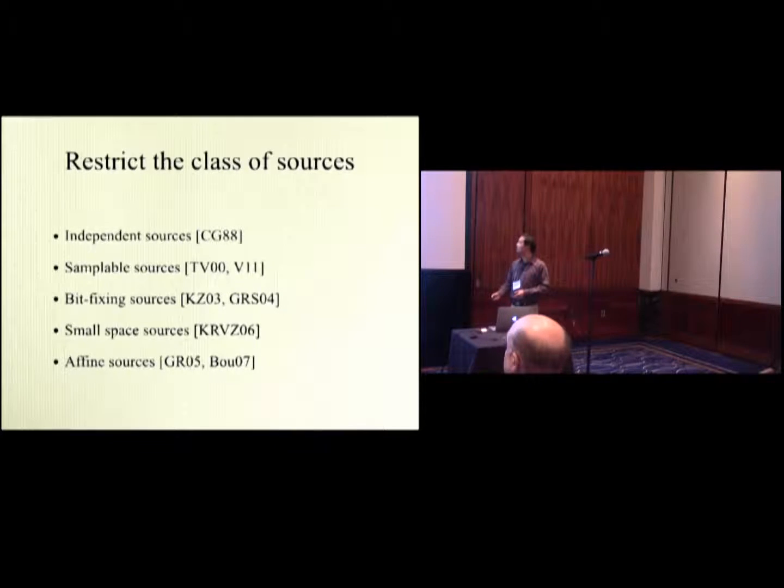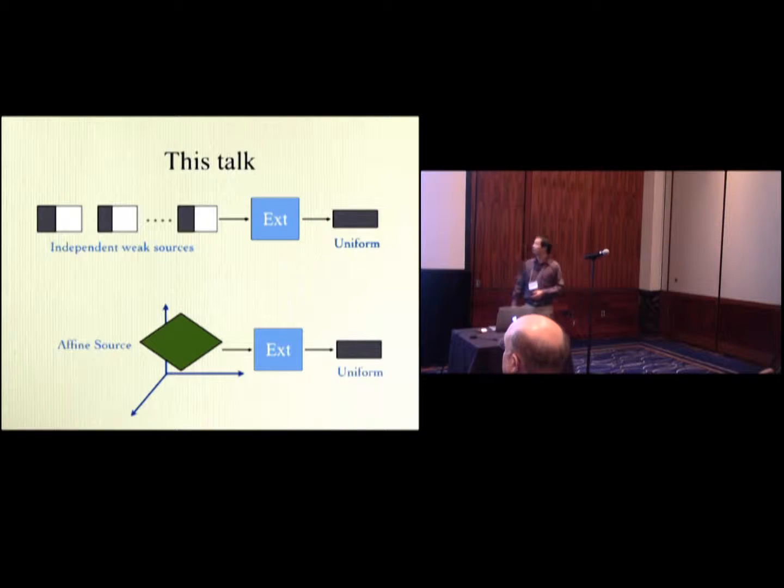this talk. Okay. So again, the independent sources are just some independent weak random sources, and we want to build an extractor for this class of sources. And in the affine case, you have some affine source, which is like the uniform distribution over some unknown affine subset. And then you want to construct an extractor that takes it as input and outputs an almost uniform distribution. Right.